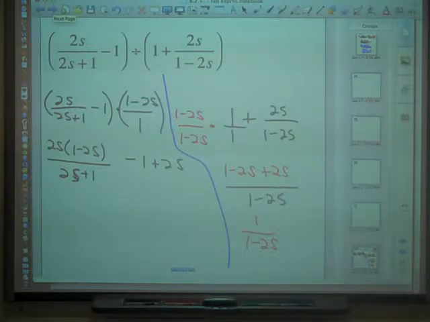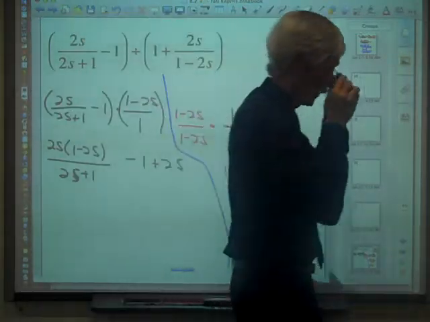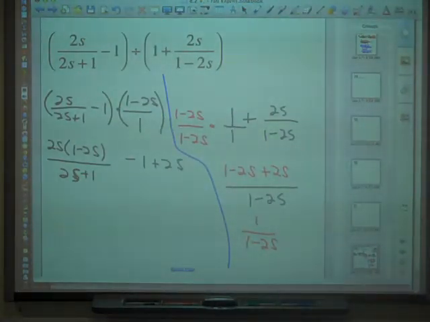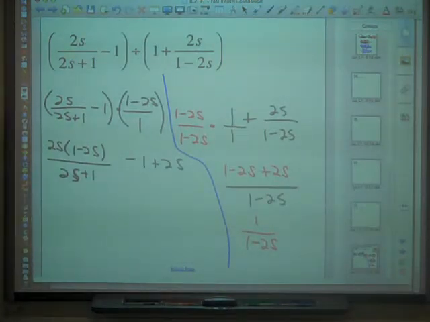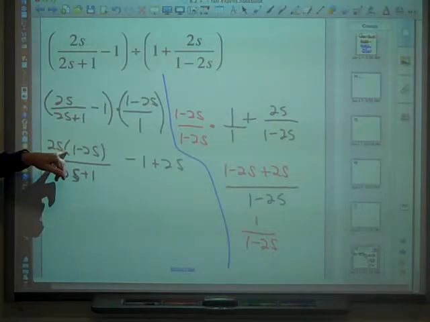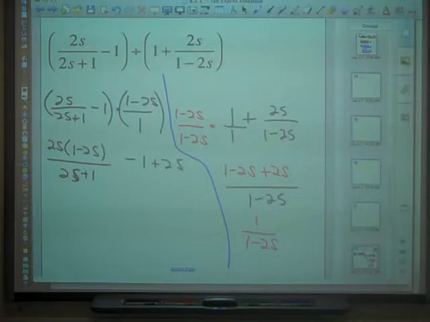Now what? How can we ever add any of that stuff together?